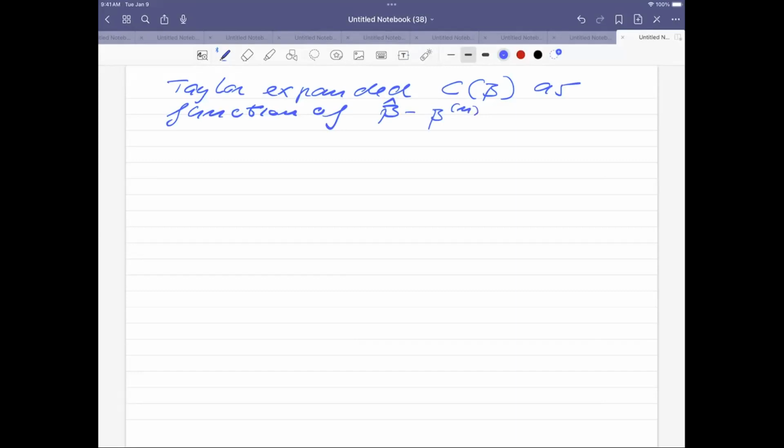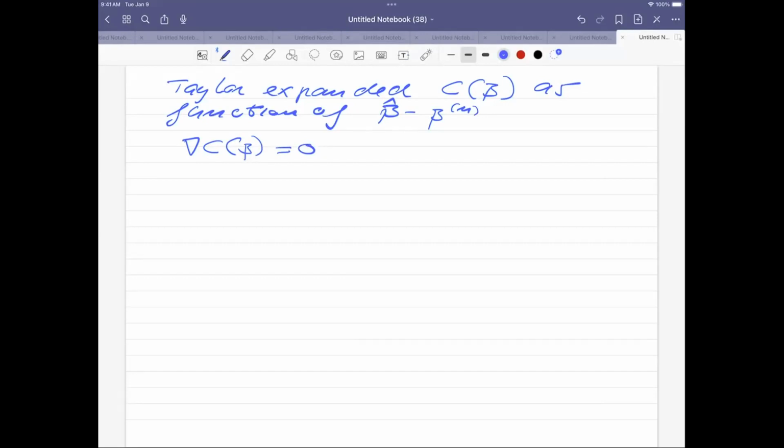And this beta of n is a result from the previous iteration. But now you can just think of this as two numbers which are pretty close to each other. So we're actually getting close to the solution where we have dC/dbeta equal to 0. And that is where we find the optimal parameters beta.